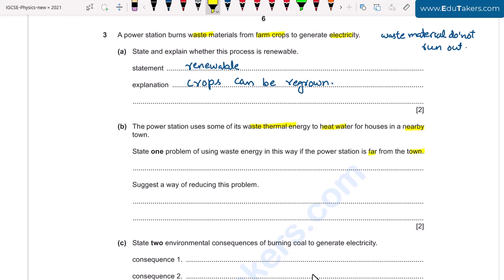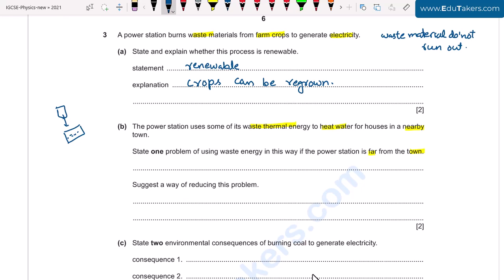So the waste thermal energy is used to heat the water for those houses in a nearby town, but it's not used for the houses that are far from the town. Because we know that if it's a power station and there is waste thermal energy, we use this thermal energy to heat the water, and this heated water is used in the nearby town.